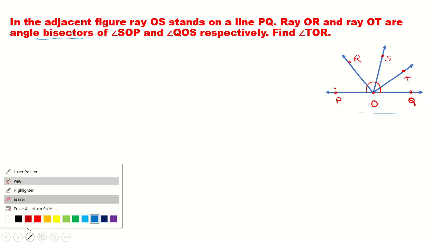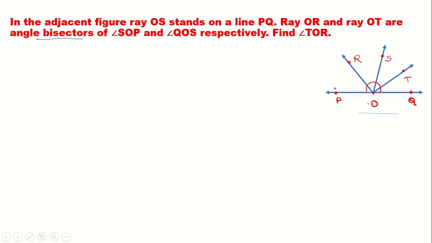Now, let's see the problem. First, write down what is given. It is given that POQ is a straight line, and we have a ray OS on this straight line.